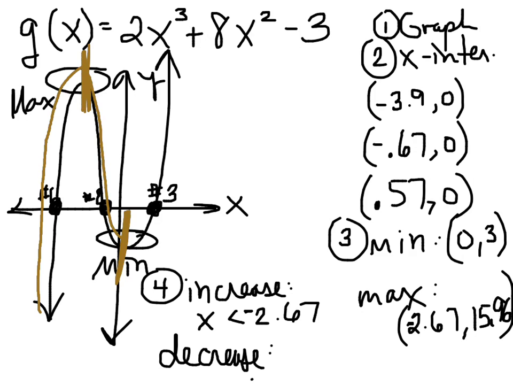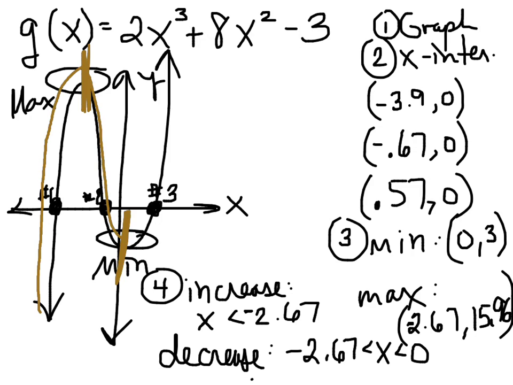Negative 2.67. To the minimum, which was at what x coordinate? 0. Don't need the 3, just the x's. So you would have written it like negative 2.67 is less than x, which is less than 0. Ugh. So archaic.